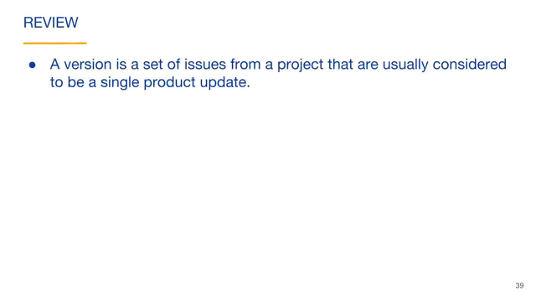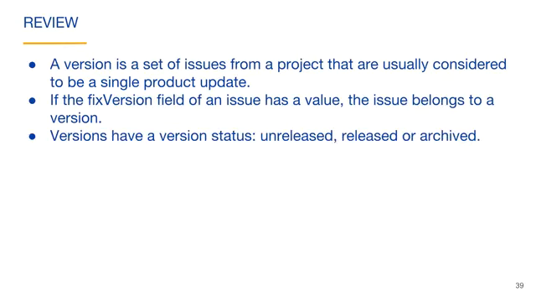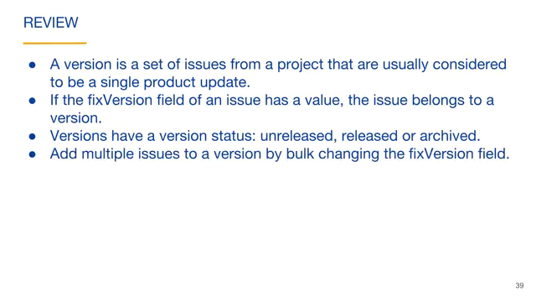Here's a review of what we've discussed in this video. A version is a set of issues from a project that are usually considered to be a single product update. If the fixed version field of an issue has a value, the issue belongs to a version. Versions have a version status: unreleased, released, or archived.